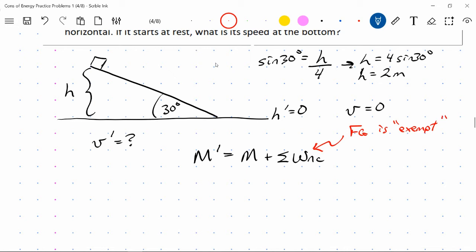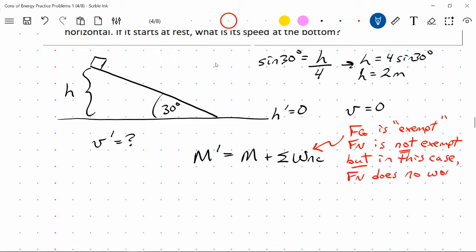But just to be clear, there is a normal force. As a rule, it is not exempt, but in this case, the normal force does no work.